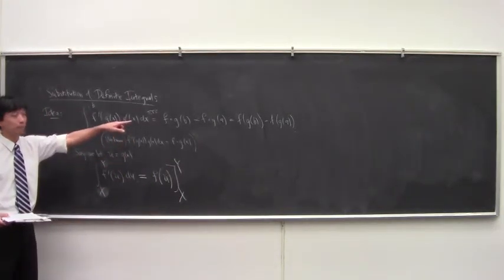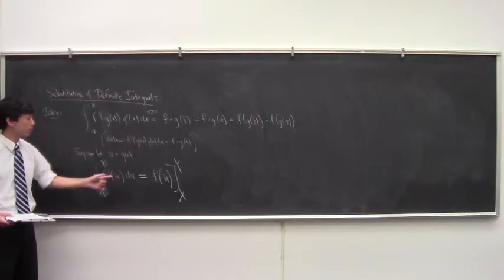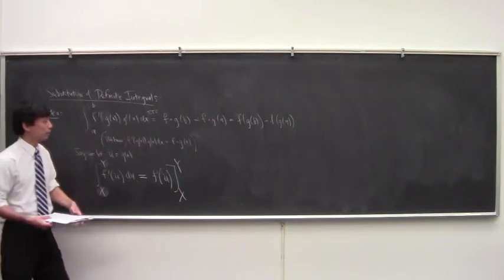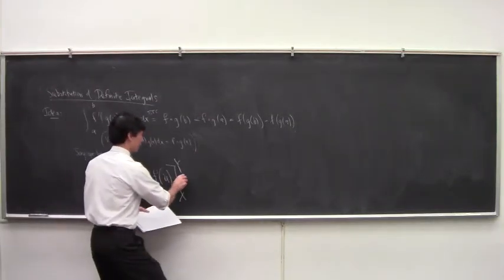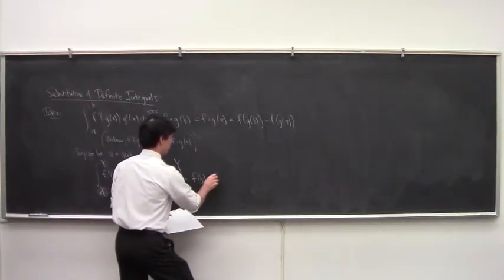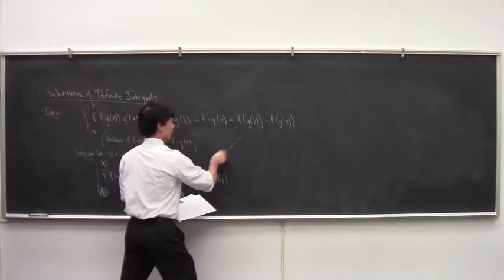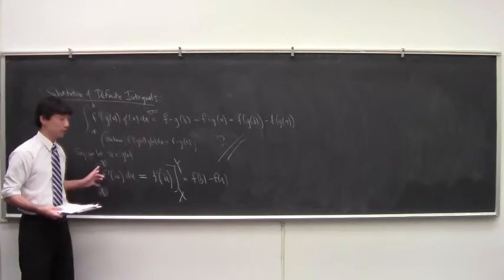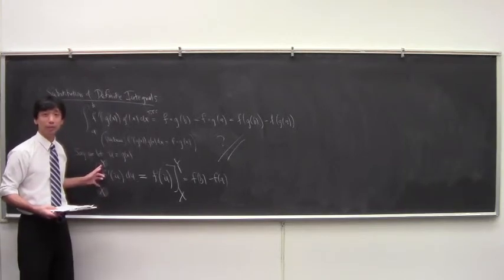In order to get the same answer, should they be b and a? I'm going to get f of b minus f of a. Is that right?